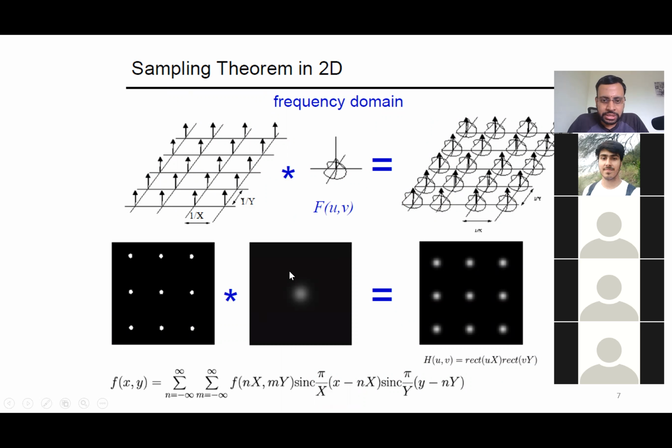Another example here, and what's happening in 2D. Let's say this is the Fourier domain frequency for a given signal, and then you are multiplying here with this. In the frequency domain, it is equal to convolving with this bed of nails. It would be nice if you keep plotting these things using MATLAB. That convolution would give you something like this here.